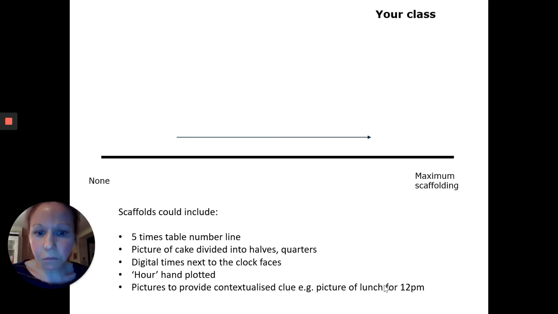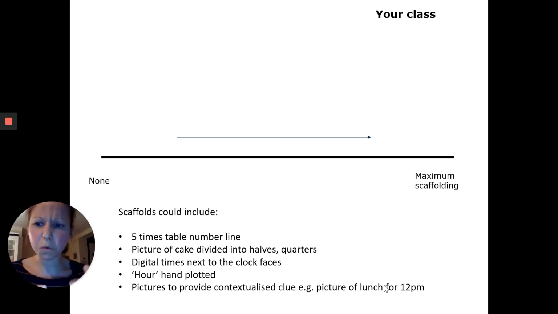And I ran with this telling the time example, and I put some possible scaffolds. So I might give some students or a child a timetable line, like showing how we count up in fives and jump from 5 to 10 to 15. I might, to help with this concept of the halves and the quarters, have a picture of a cake divided up. I might give clock faces and next to them have digital times.